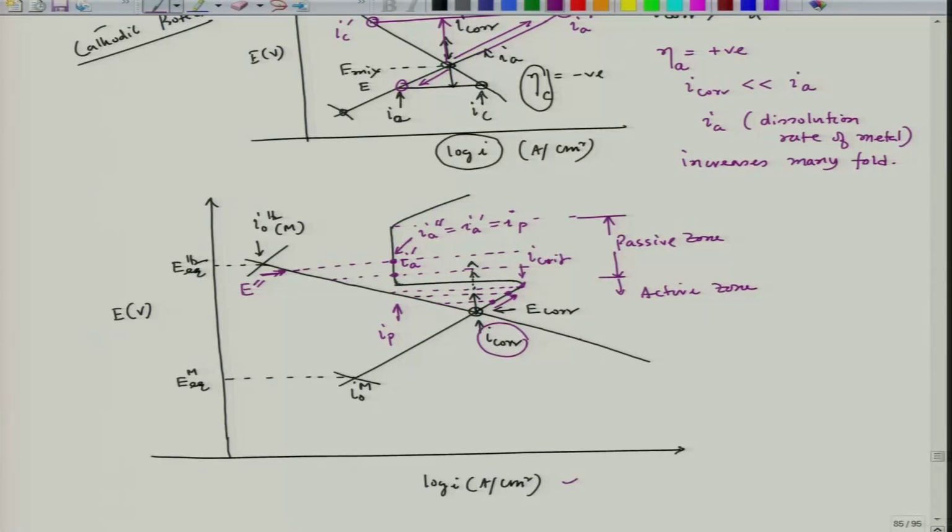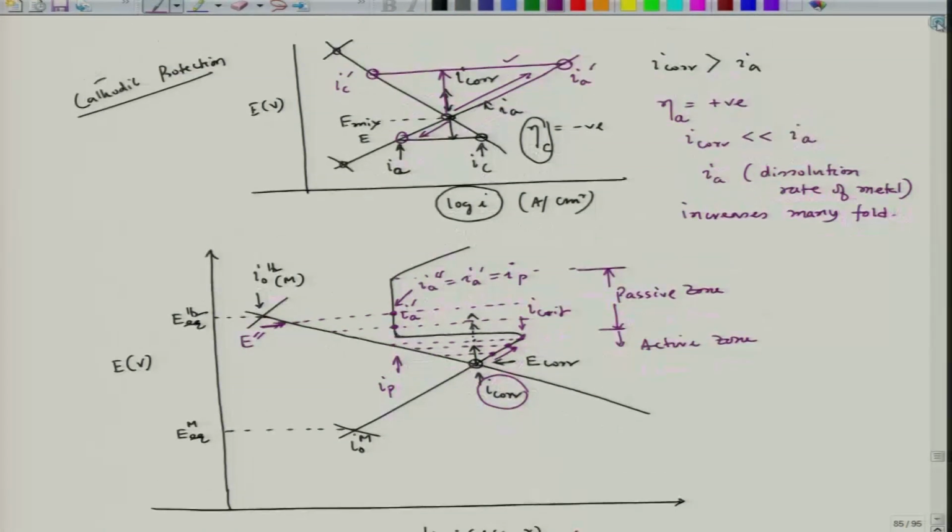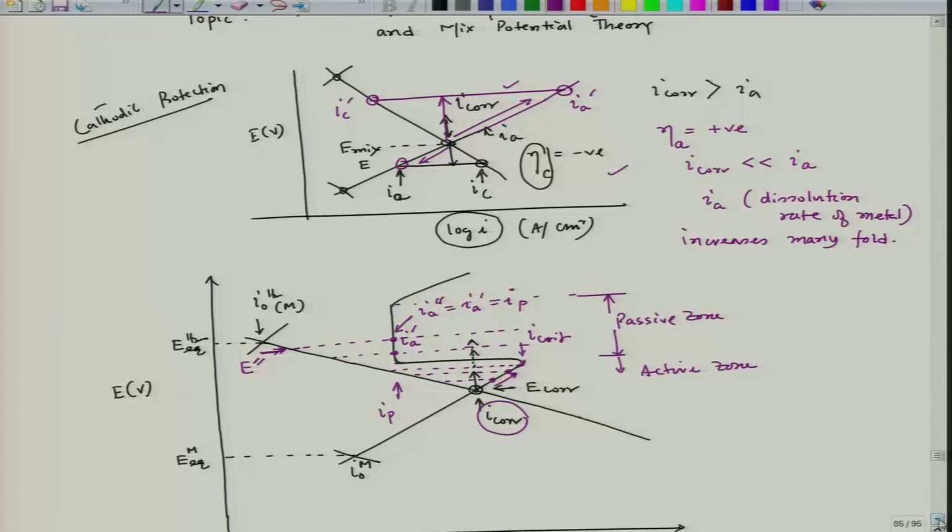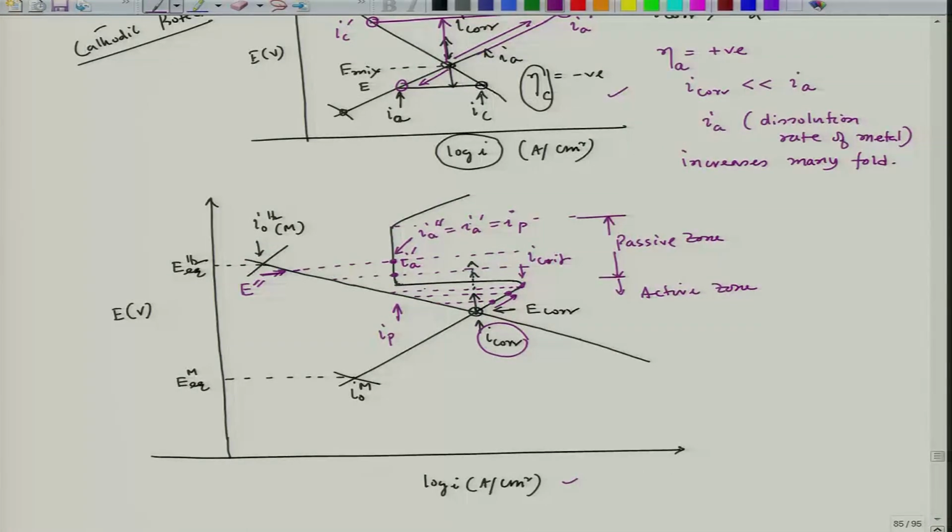Now, even if we do anodic polarization, instead of an increase in corrosion rate as we have seen in the case of an active metal, which is this incident, here we can experience a reduction in corrosion rate, and that is what is called activation or anodic protection.